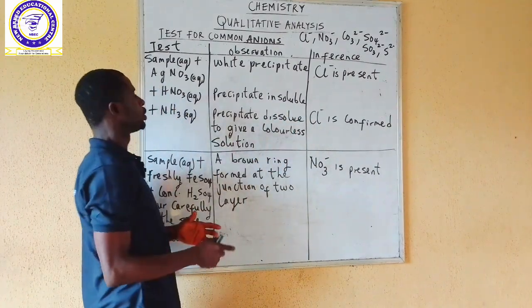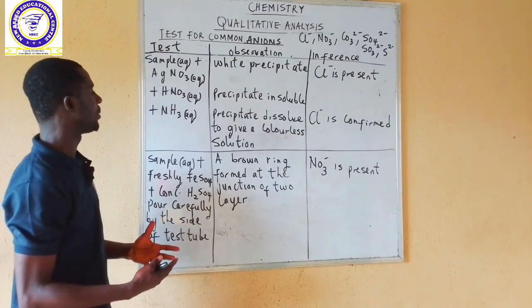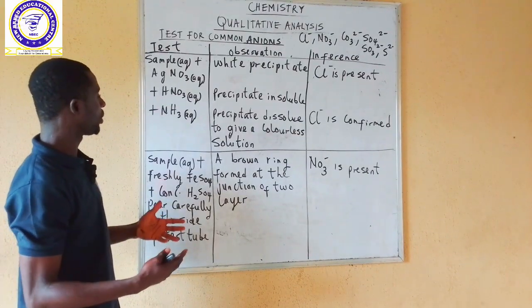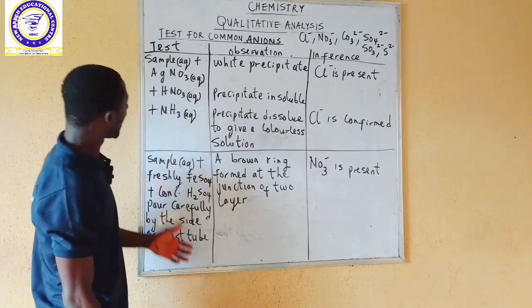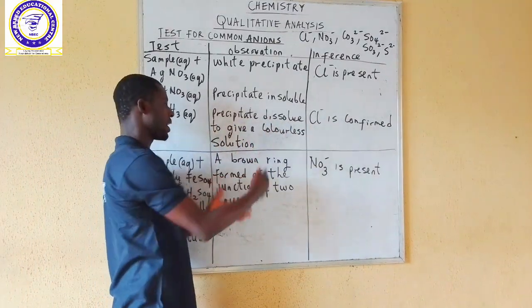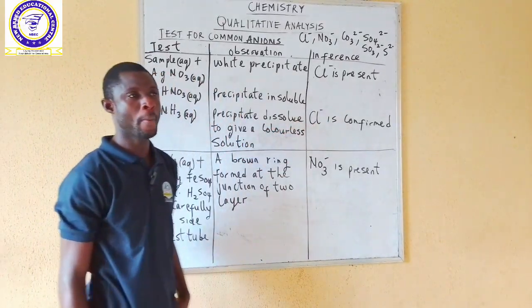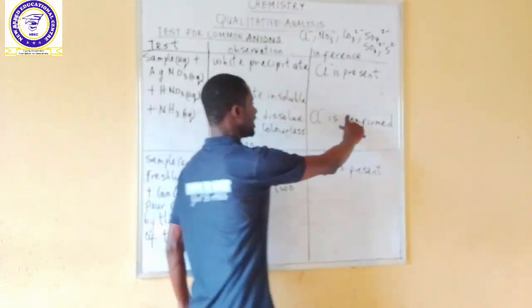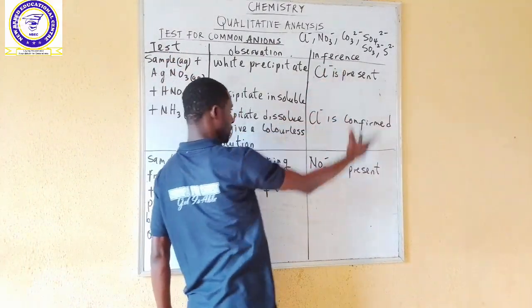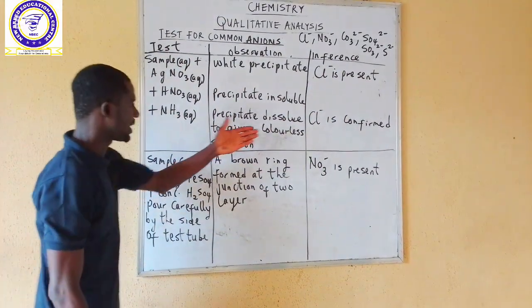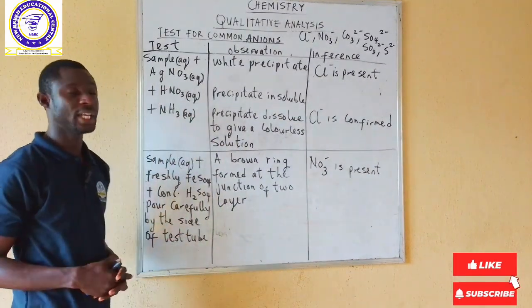So when you add ammonia solution, which is your confirmatory reagent test, your white precipitate will dissolve and change to a colorless solution. What you see there is confirmation of Cl minus. For the first two tests, you write Cl minus is present, but here you write Cl minus is confirmed. That's how to test for Cl minus.